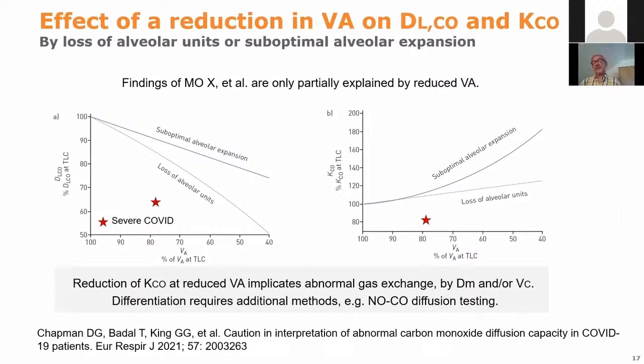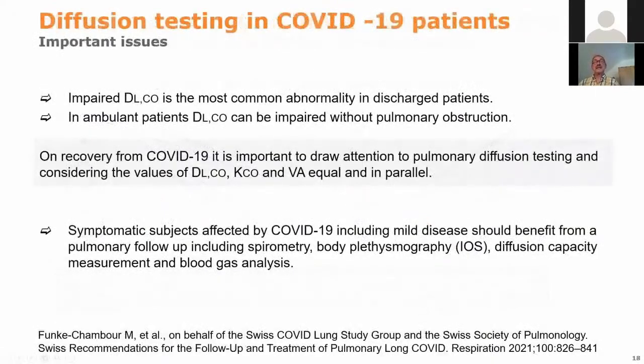What we have learned from this study is that COVID-19 patients suffer from diffusion problems, and these diffusion problems are not only based on the alveolar volume, but also on the membrane component and the capillary blood volume. And if you like to differentiate both components, it is necessary that you use other tests, for example, the NO/CO diffusion testing.